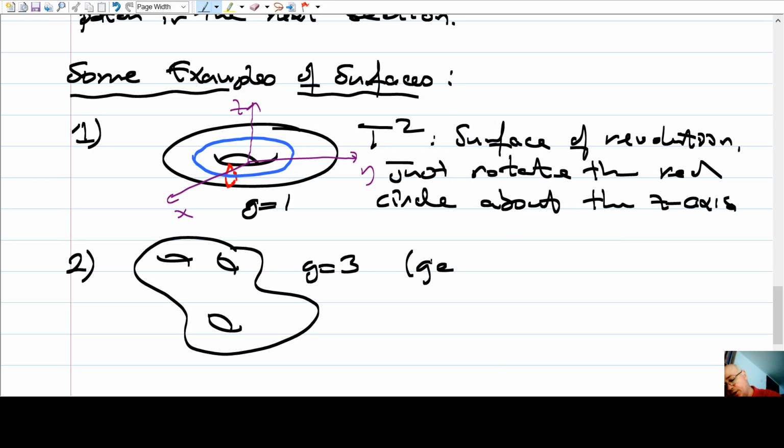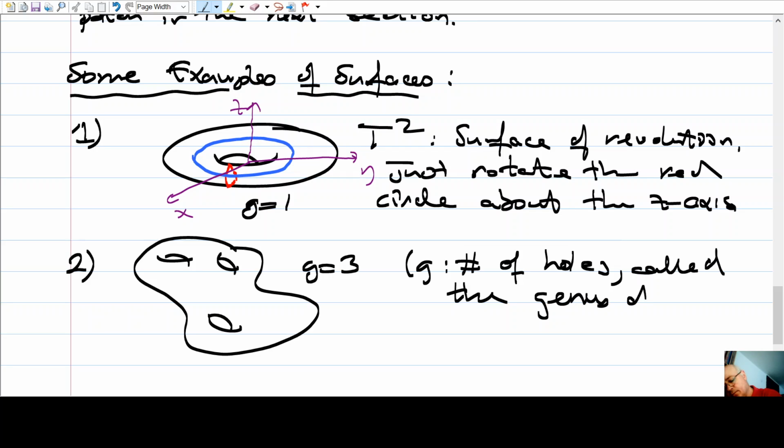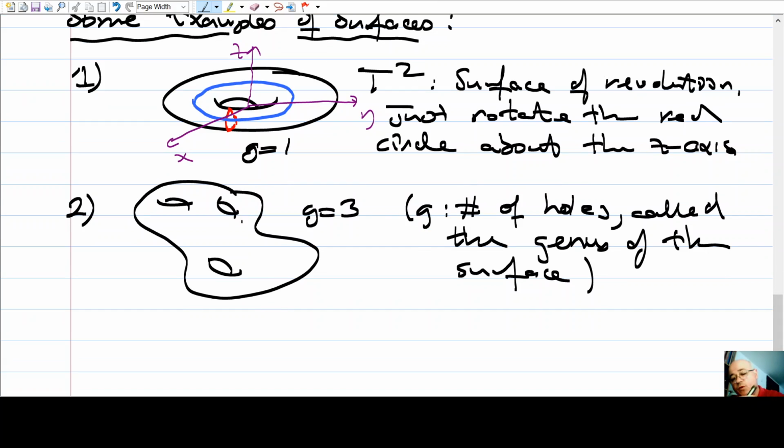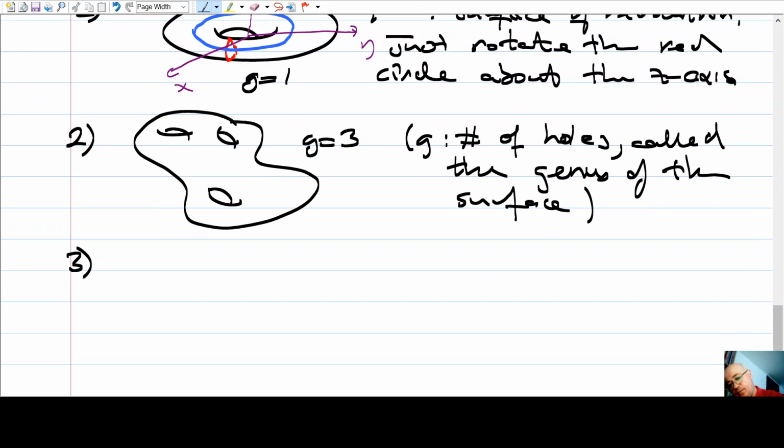So g is the number of holes and is called the genus of the surface. Okay, so the torus is the genus 1 surface. This is the genus 3 surface. These are orientable surfaces, and there are non-orientable surfaces.